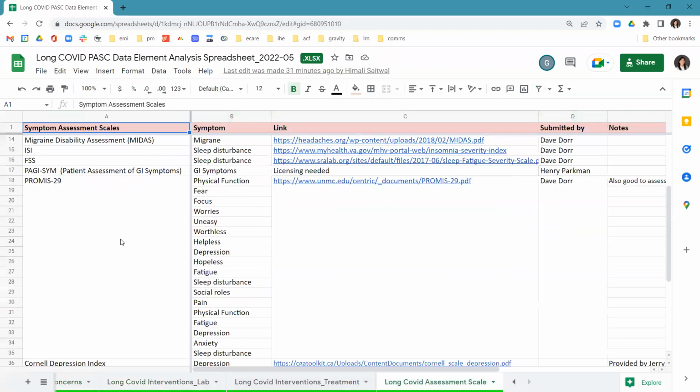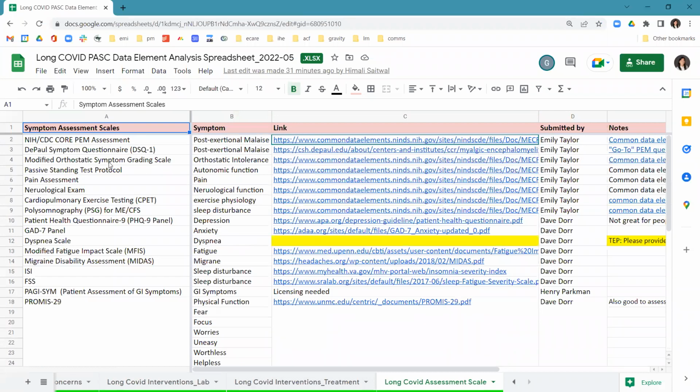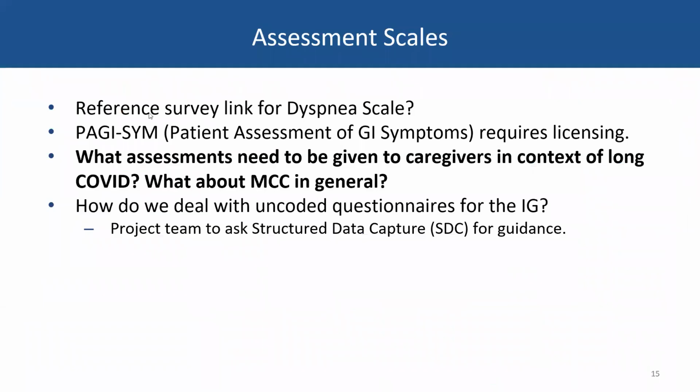And I would also say that there are other assessment scales that were identified for previous domains under this project, and these are included in the IG. But we definitely want you to flag if there are assessment scales as it relates to long COVID that you don't see here, and we will cross-reference with previous scales that have been created and just make sure it's all inclusive. But two very specific questions first.